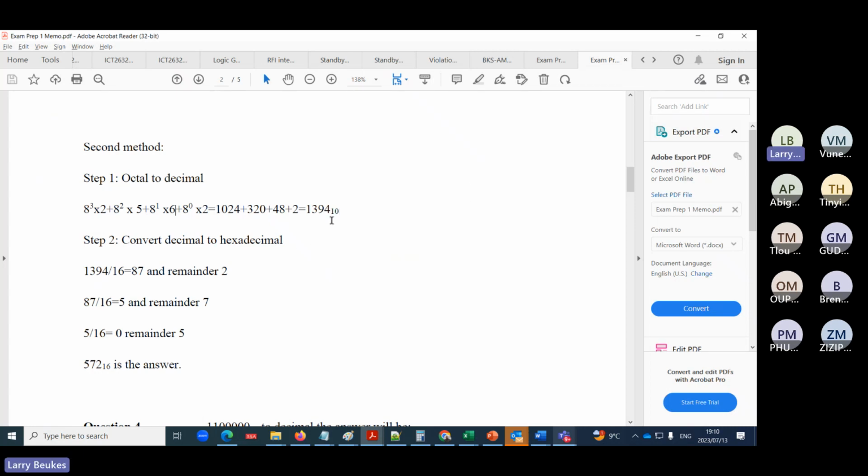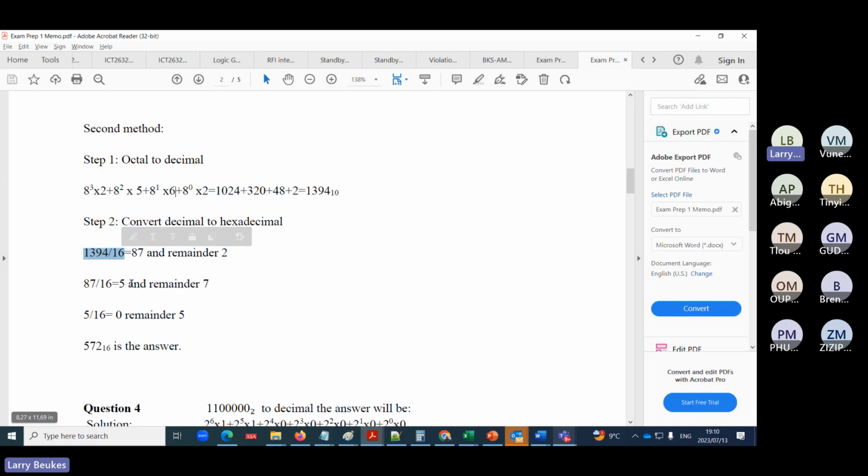Now, from this decimal, you can convert to your hexa. So remember, when you convert to hex, you're going to take that number and keep dividing by 16, right? I am not gonna do this method. This one really wants a calculator, guys. So do you want me to do it? You take this, divide by 16. You only keep a record of your remainder every time, right?